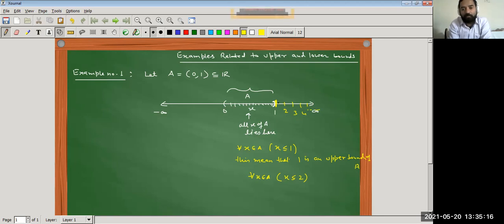Even 1.1, 1.2, 1.3, so we can say all x greater than or equal to 1, for all x belongs to R, are upper bounds of a non-empty set A.